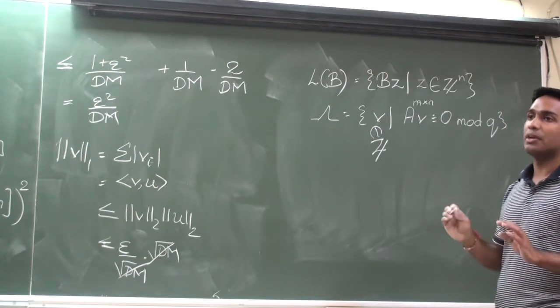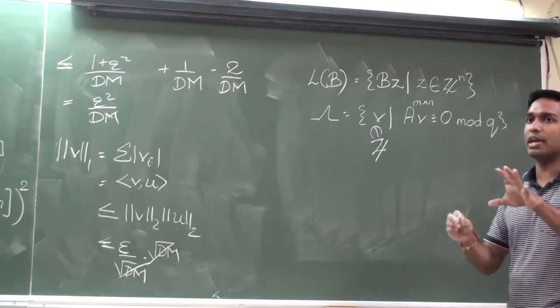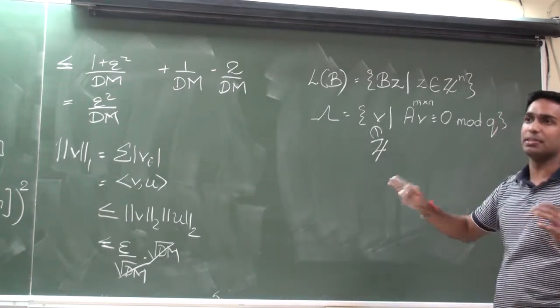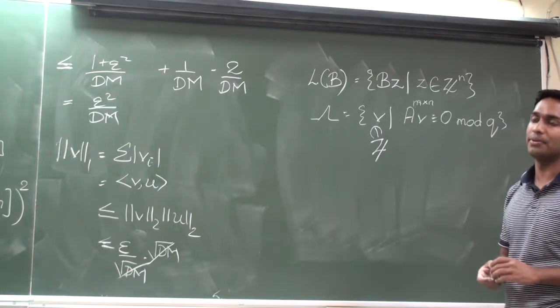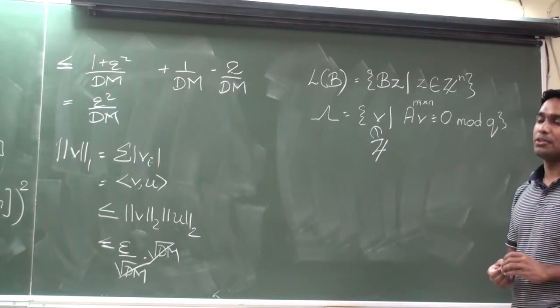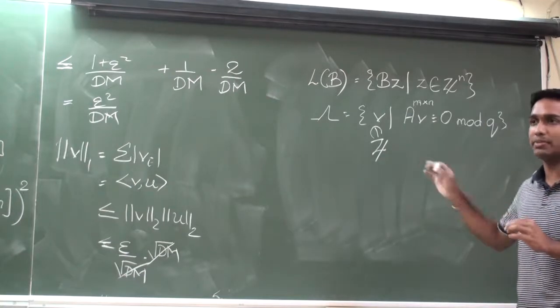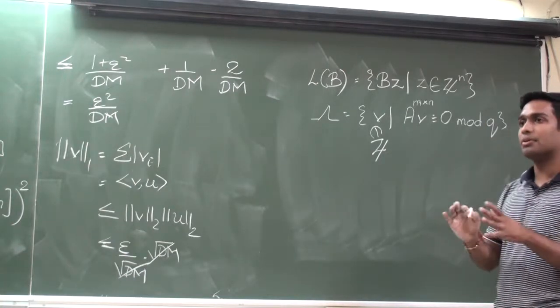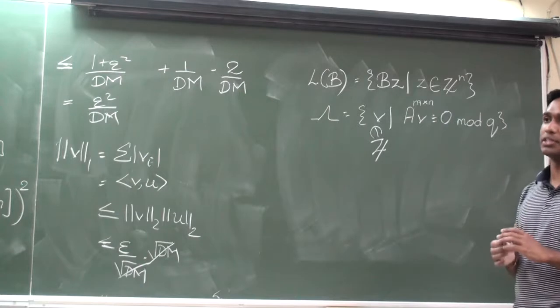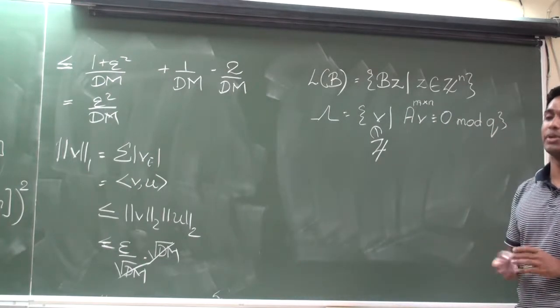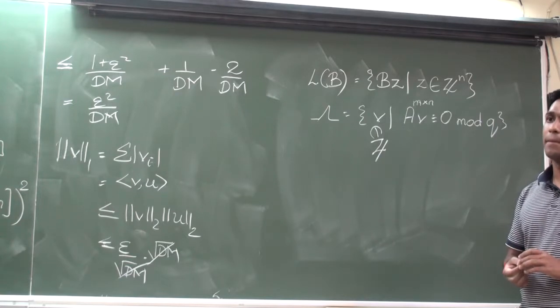So the family of hard lattices is: you choose a random A matrix, and the lattice is defined like this. This is a hard lattice. So on average, if I give you a lattice like this, and if you can solve the shortest vector in that, not the exact shortest but some polynomial approximation of the shortest vector, then you can solve SVP in any Euclidean lattice. So average and worst case.